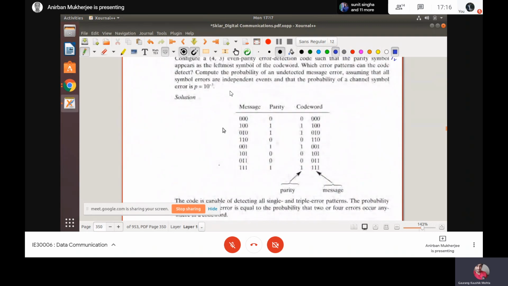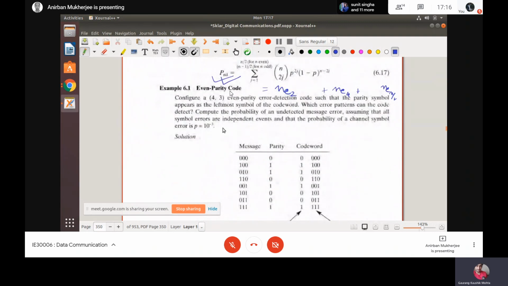Now see, they have taken an example, and you see the probability that a received channel symbol will be in error is, say, 1 in 1000. This is the probability that, actually, from the transmitter you have sent 1 and at the receiver, due to channel non-ideality, you have received 0, or you have sent 0 and received 1.